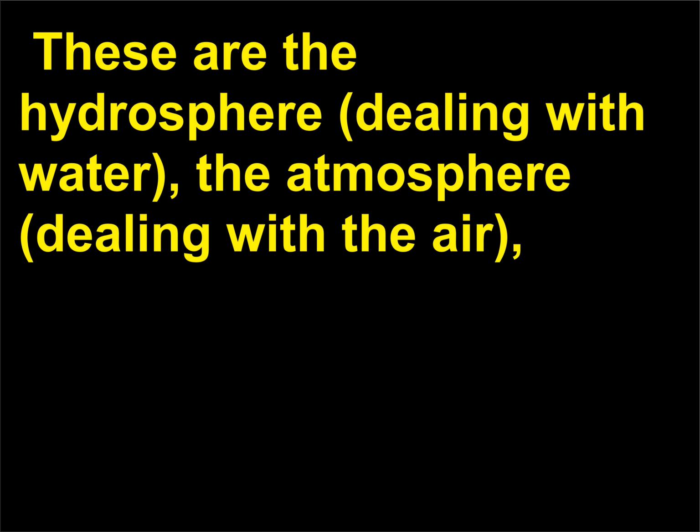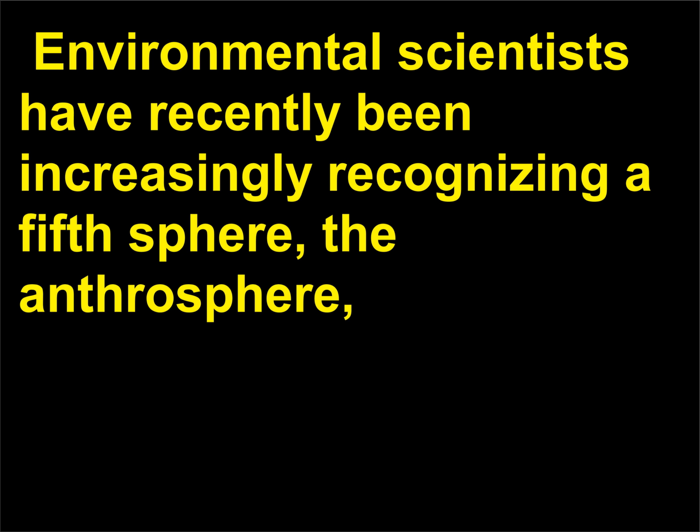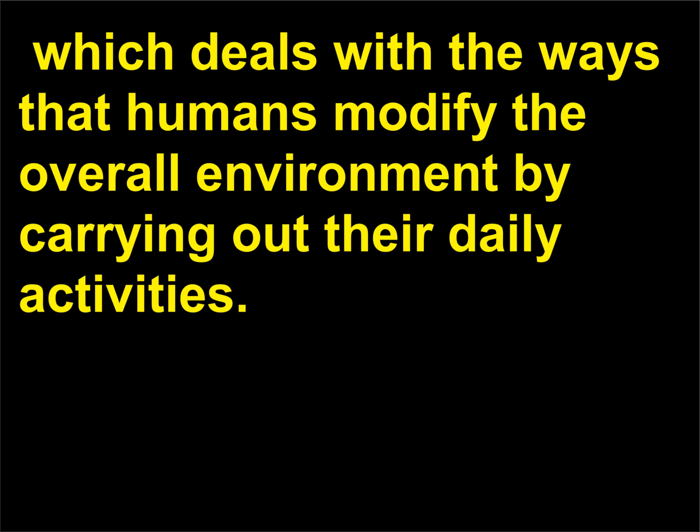These are the hydrosphere, dealing with water; the atmosphere, dealing with the air; the geosphere, dealing with the earth; and the biosphere, dealing with living organisms. Environmental scientists have recently been increasingly recognizing a 5th sphere, the anthrosphere, which deals with the ways that humans modify the overall environment by carrying out their daily activities.